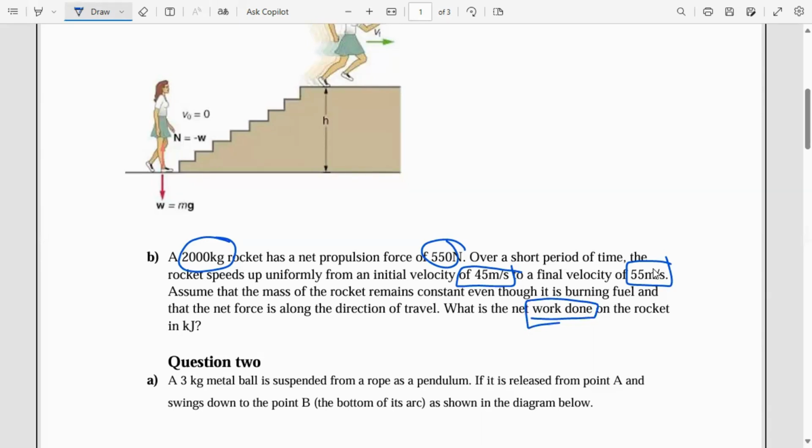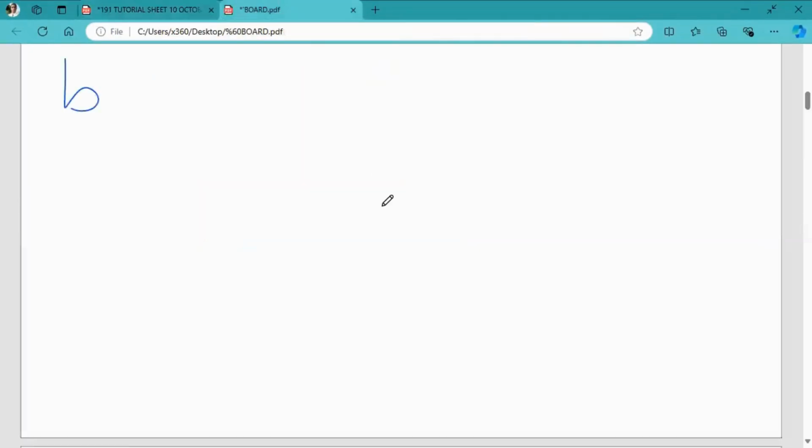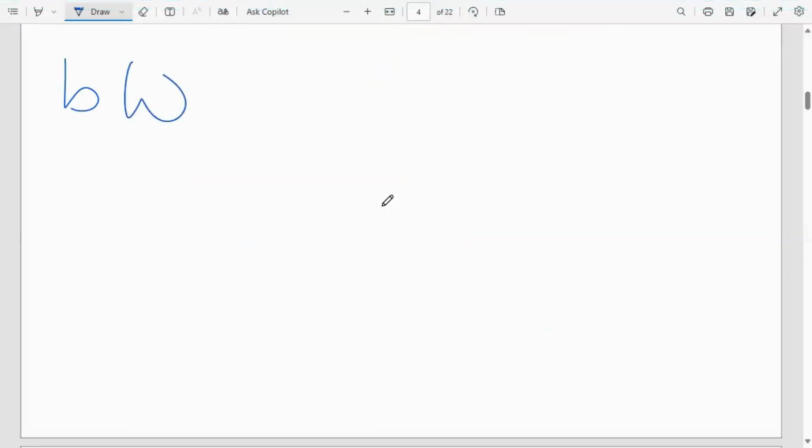So with this data that we've been provided, the method that we can use to calculate this is what we call the work energy theorem.